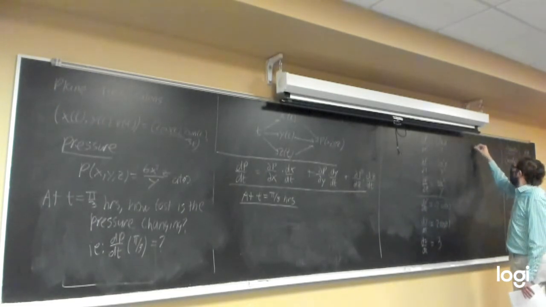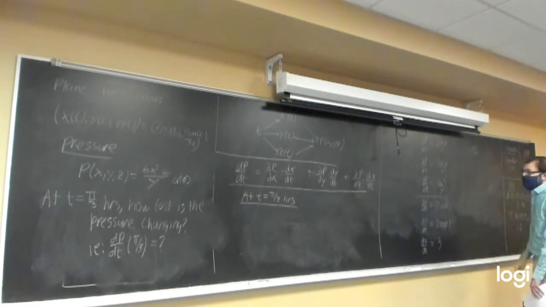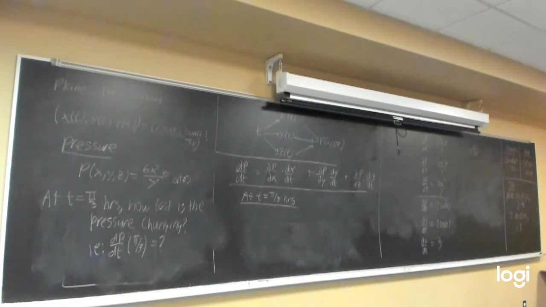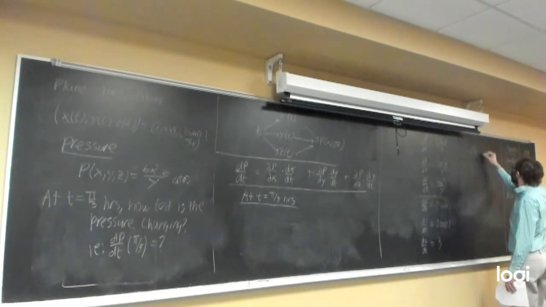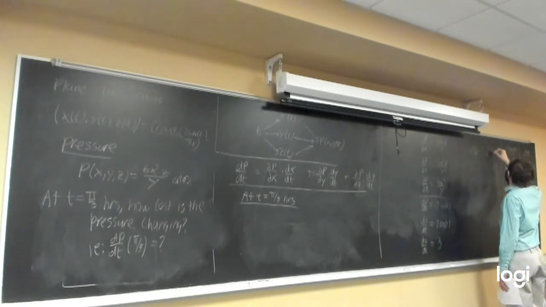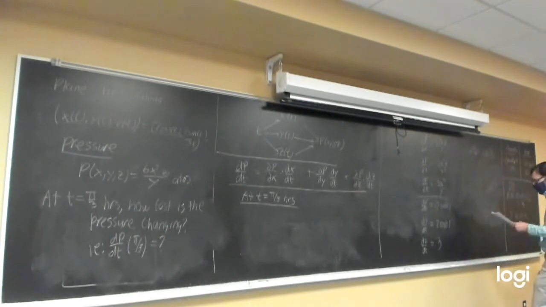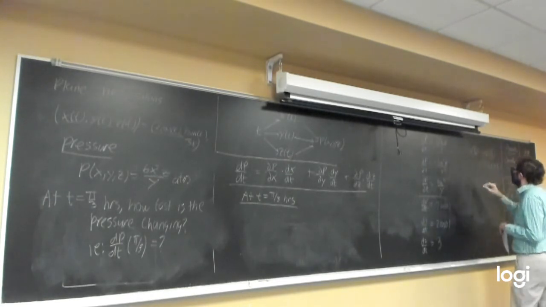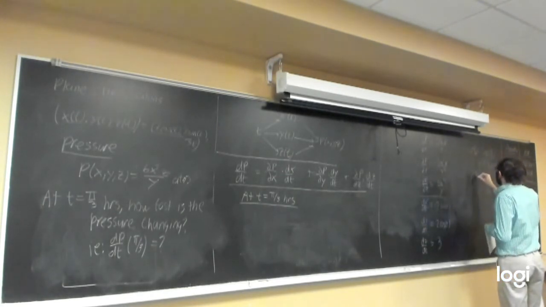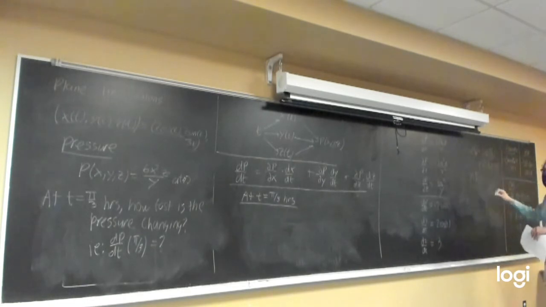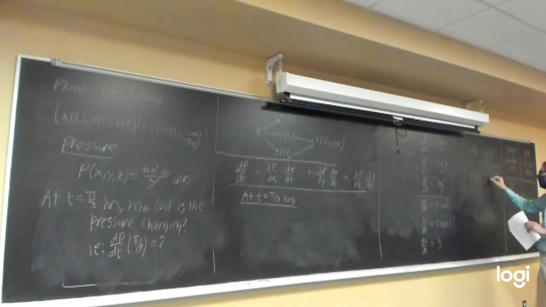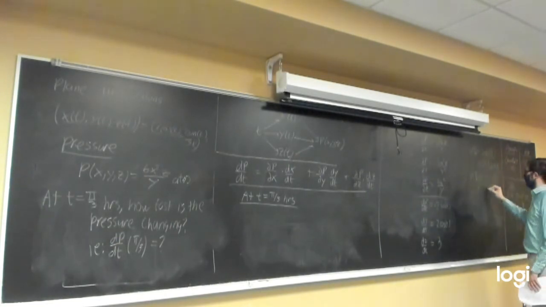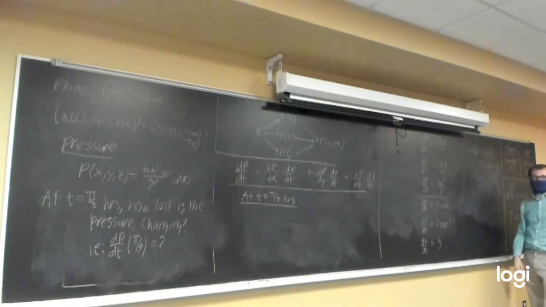So x of π/3 is going to be 2 cosine of π/3, which I believe comes out to 2 times a half, which is 1. y of π/3 is going to be 2 sine of π/3, which will come out to 2 times square root of 3 over 2, which is square root of 3.